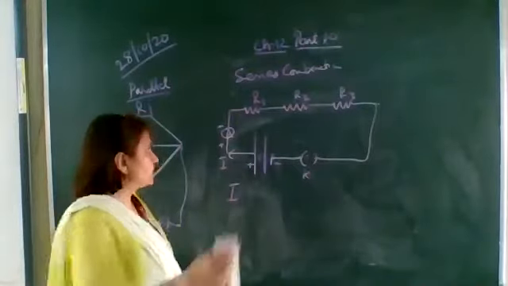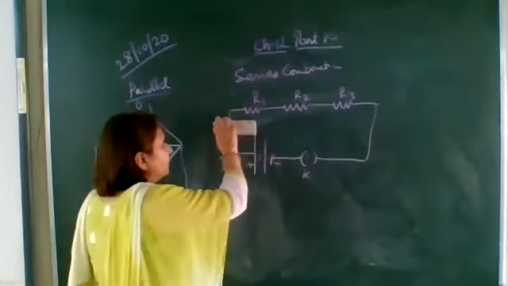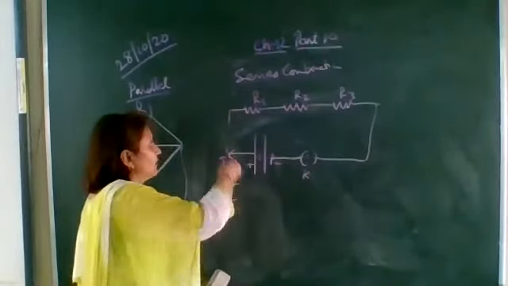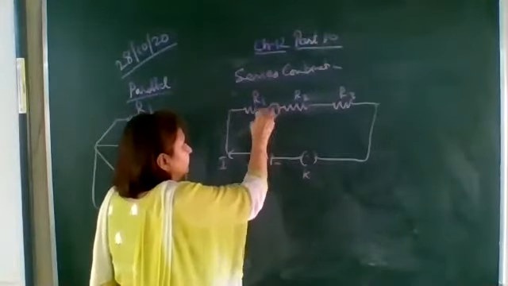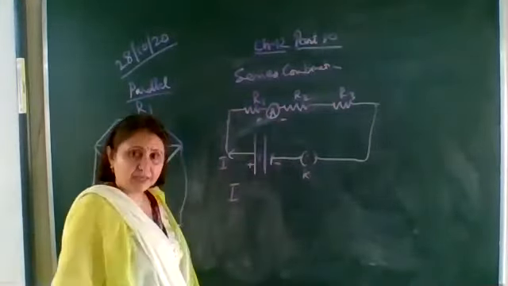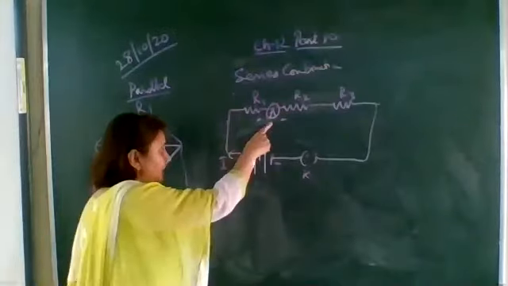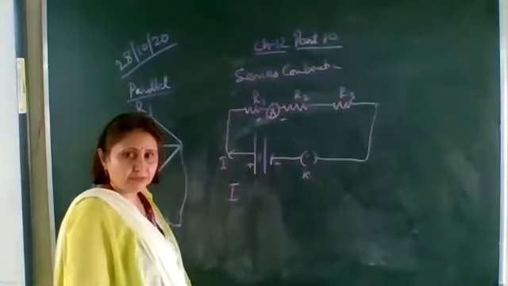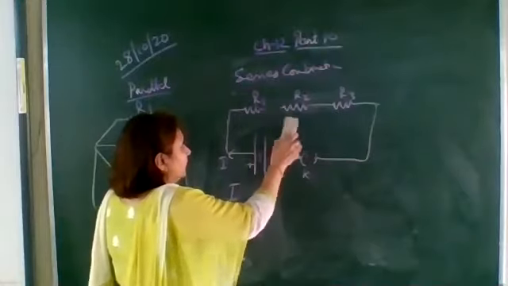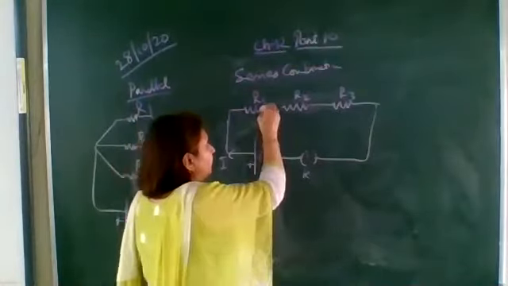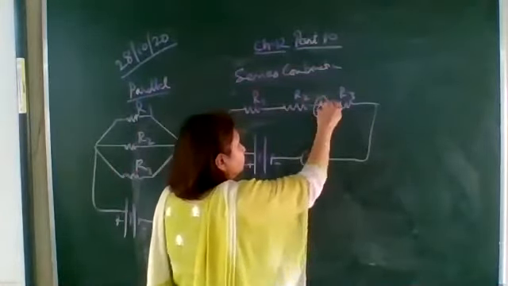Now what is done? The ammeter is removed from here and connected over here, after the resistance R1. Again you see that the ammeter reading is the same. It is I only. Now remove it from here and connect it between R2 and R3.